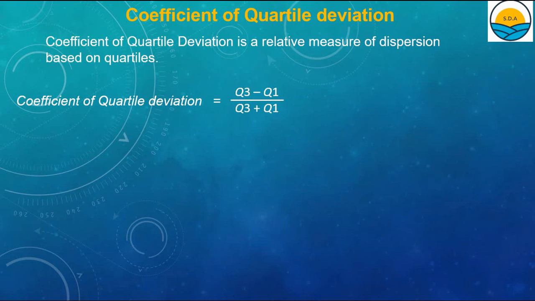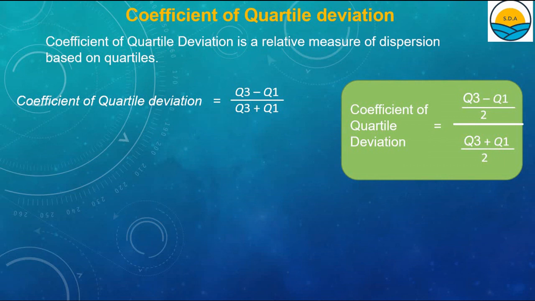Hope you have gone through my video on range and coefficient of range. If you have not, you should go through it to understand the concept of coefficient in a better way. By going through the concept of coefficient, the formula for coefficient of quartile deviation should be Q3 minus Q1 upon 2 divided by Q3 plus Q1 upon 2, because here quartile deviations are under consideration.